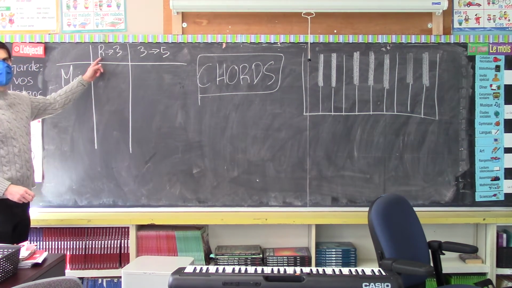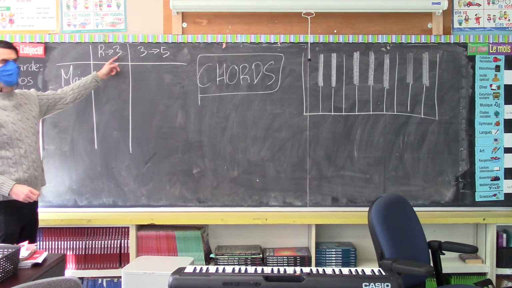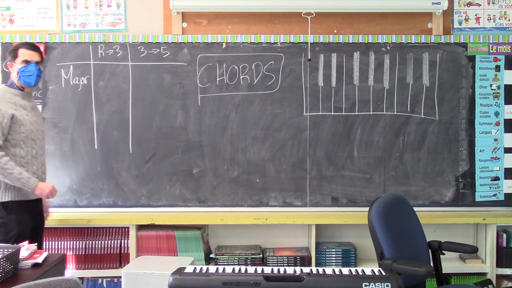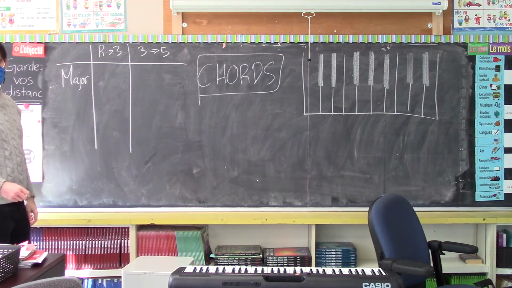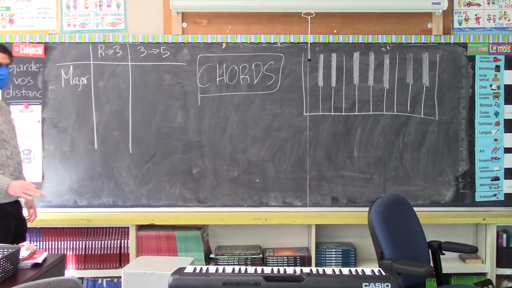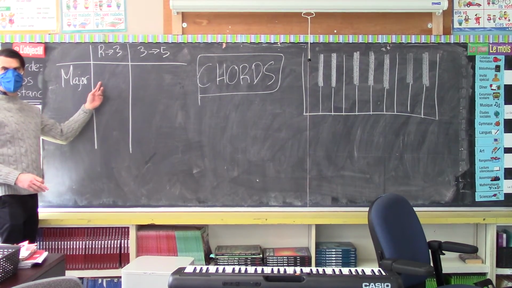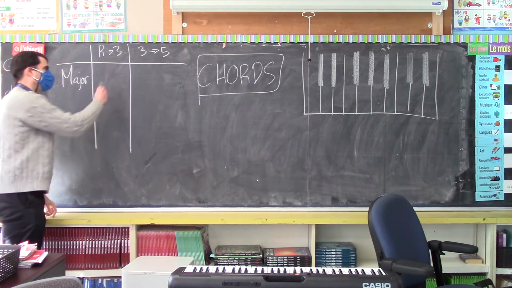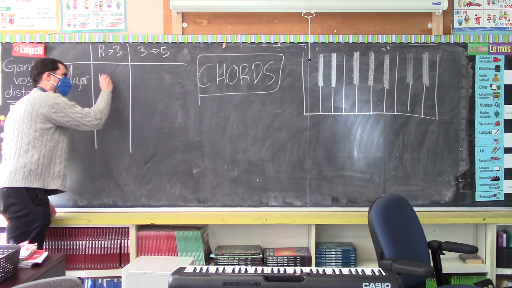The root of the triad going to the third of the triad, the third of the triad going to the fifth of the triad. We're going to use what Ben told us. In a major triad, the distance between the first note, the root, going to the third, is a major third.